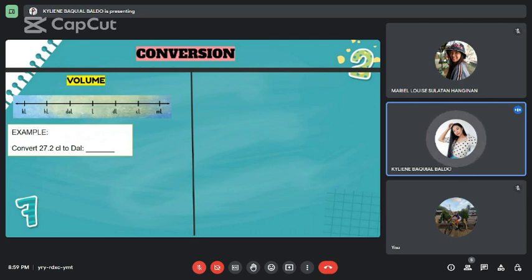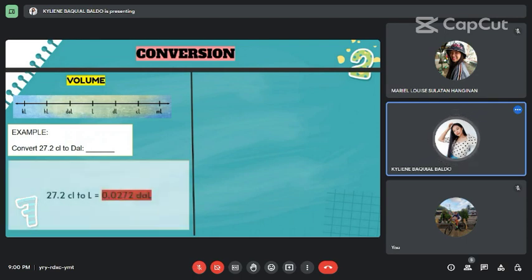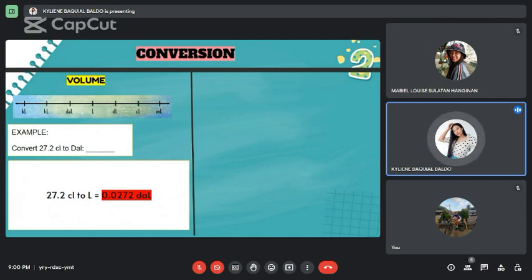Centiliter to deciliter is 1, deciliter to liter is 2, and liter to decaliter is 3. Therefore, we have to move the decimal point 3 times to the left since the decaliter is on the left side. So our answer will be 0.0272 decaliter.